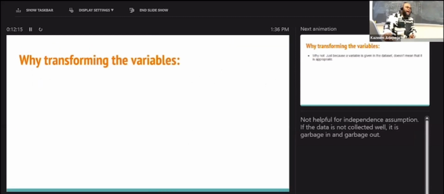Now, why are we transforming the variables? It is more or less like, why do you come to my clinic? If I happen to be a doctor, what is the patient looking for in my hospital? The patient wants me to solve a problem. Does that make sense?